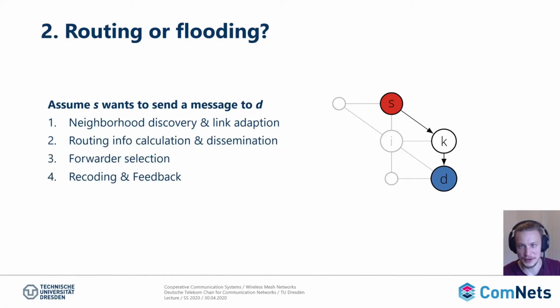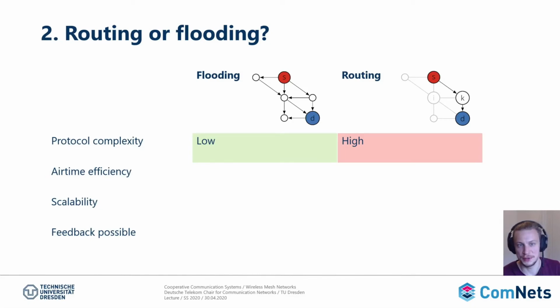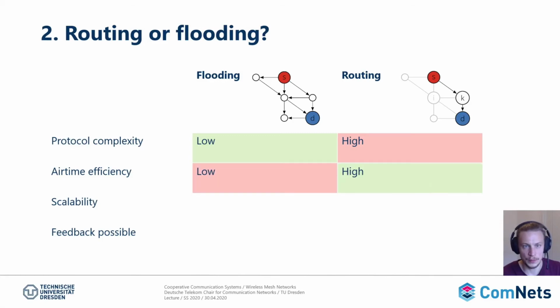Routing looks a little bit more complex, and as a result, the protocol complexity is lower in flooding and higher in routing. So it's kind of easy. Also, as in flooding any node that receives a message would contribute, the efficiency is a lot lower.